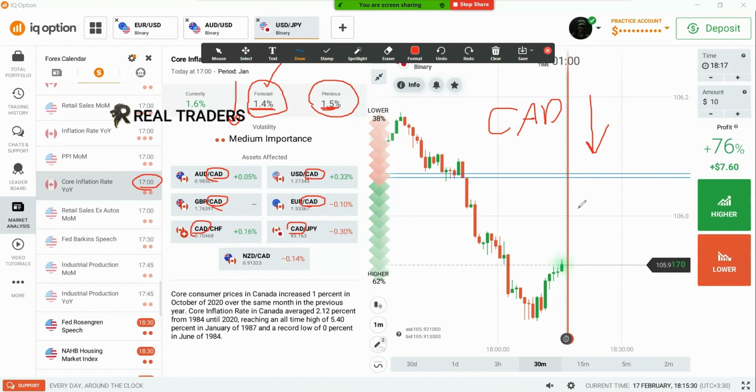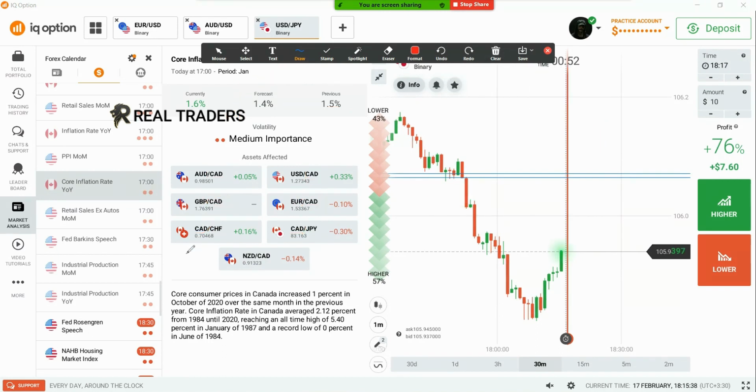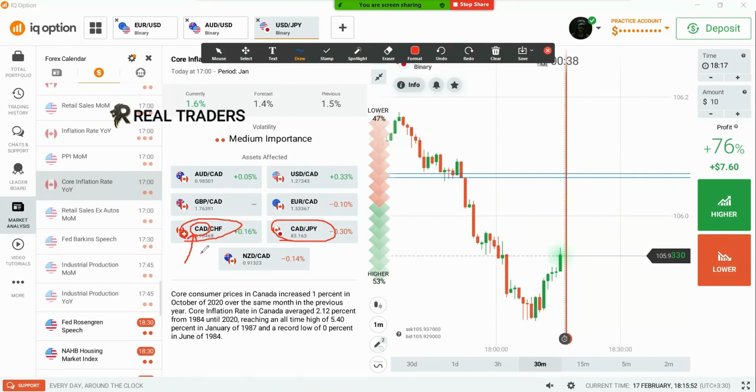But you need to understand one point here. Let me show you, let me clear this one. You can see here CAD CHF, CAD JPY. Here you can see the major currency is CAD, right? Because in the first place is CAD.